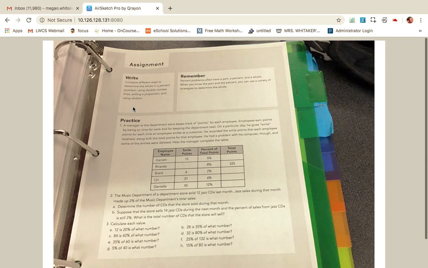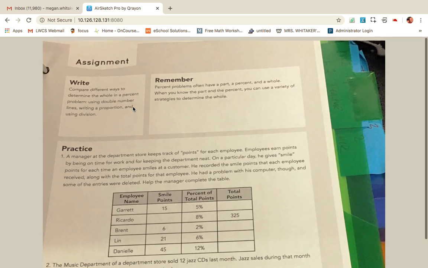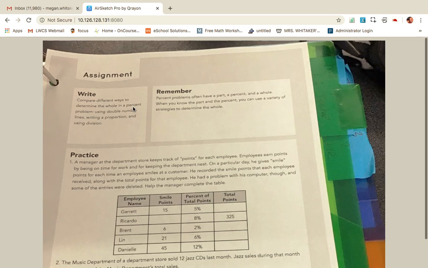So one of the things you need to remember about today's lesson, the takeaway, is that if you see the word "of", a percent, and "of" a number, then you are multiplying the percent by the number they give you.